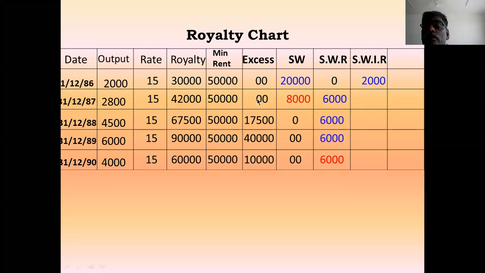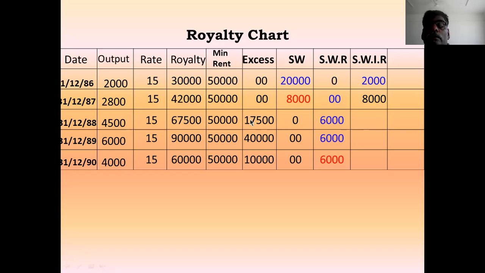Therefore, I will cancel this 6,000, put the 0, and take 8,000 to the irrecovery column. 6,000 plus 2,000, 8,000. You remember this point. Otherwise, you see the video once again.